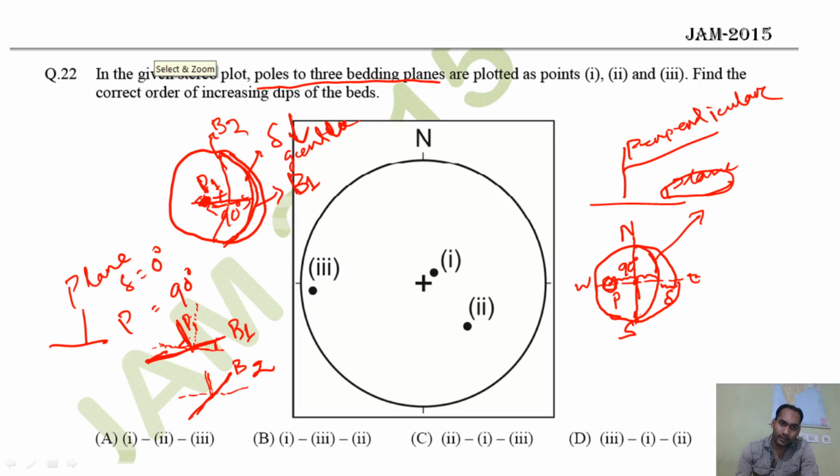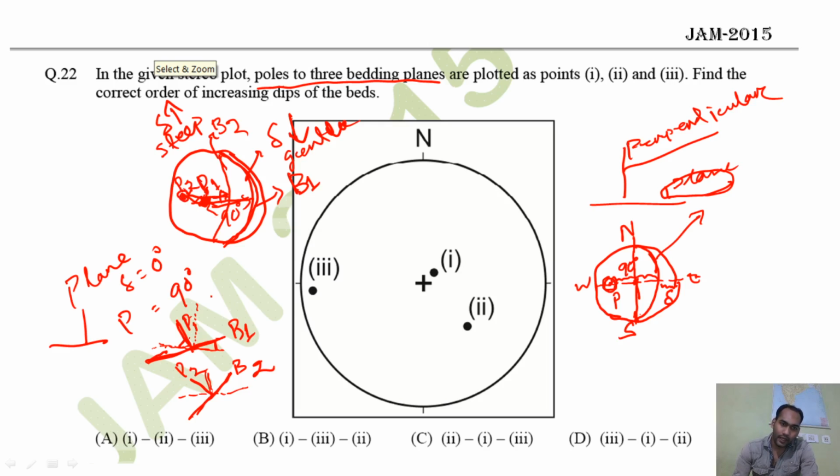The great circle is closer to the center, so dip is higher. That means it is steep. The normal to the plane will be this one. This is P2. I will take 90 degree from here. So this point is P2. This is P1, this is P2.